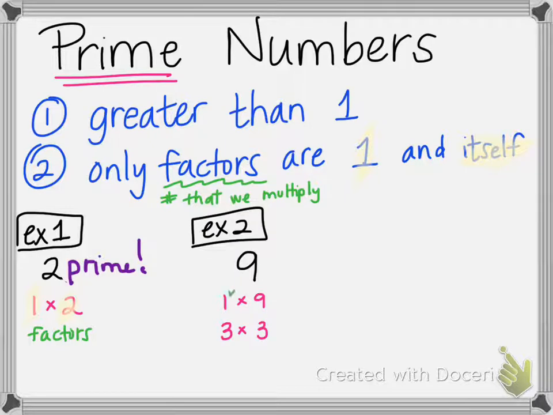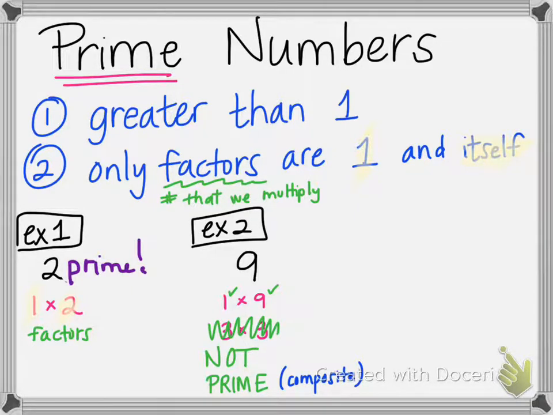So these right here follow my rules, but this one right here, 3 times 3, breaks the rules. Therefore, 9 is not prime. If a number is not prime, we call it composite. But that's just a little bonus vocabulary review. We're really trying to focus on prime numbers here.